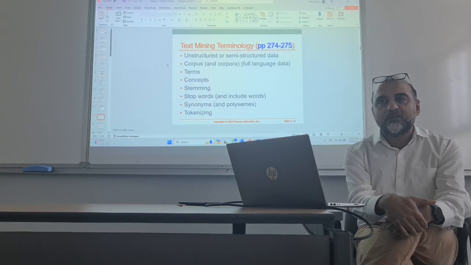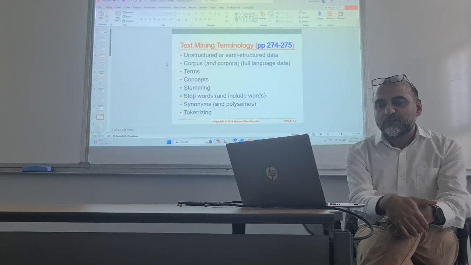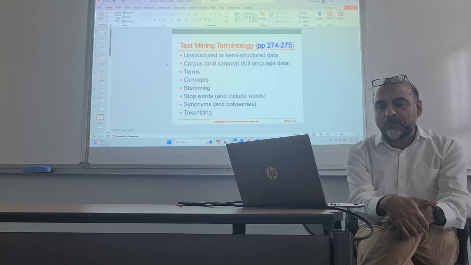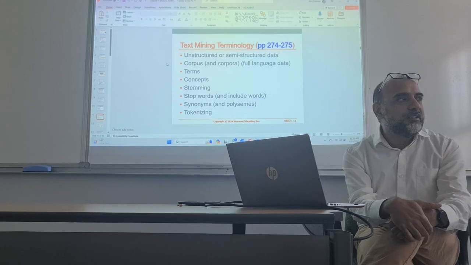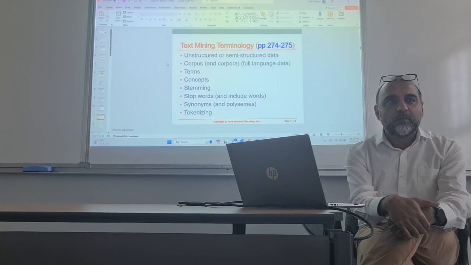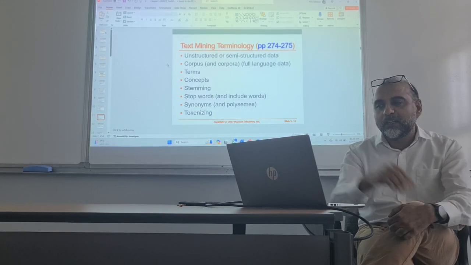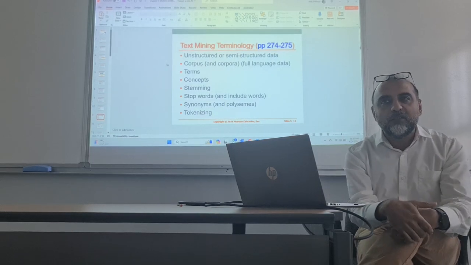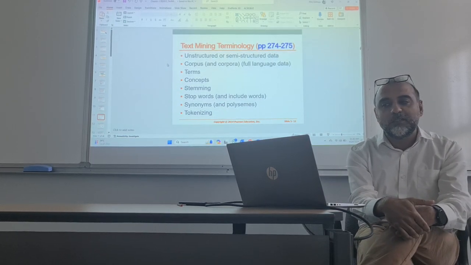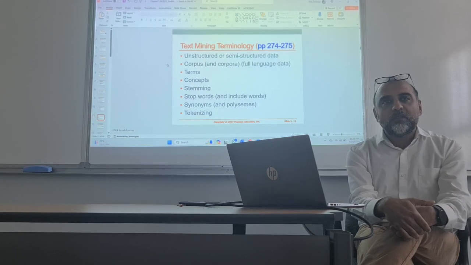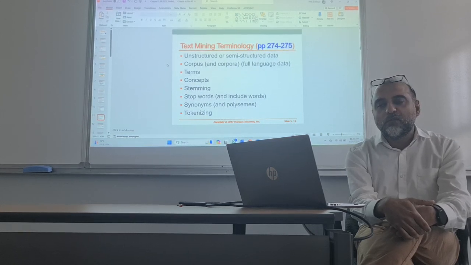So structured versus unstructured data. Now, do you see terms, concepts, stemming, stop words, synonyms, tokenization? You need to know all these terms to perform text mining. Again, these are defined on pages 74 and 75. Again, you must know all of these because there can be a question asking, doing this, are you doing what?